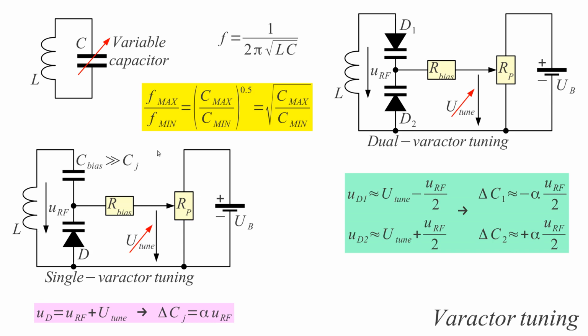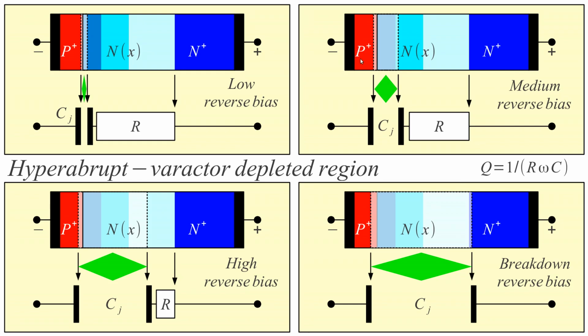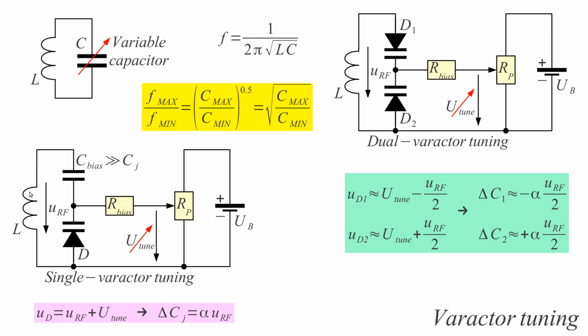The problem with this circuit is that this capacitor is actually non-linear, so the depletion region does not change only with the DC applied reverse voltage, but also with the RF voltage, and this makes a non-linear capacitor, which may cause distortion, may cause harmonics in our circuits.